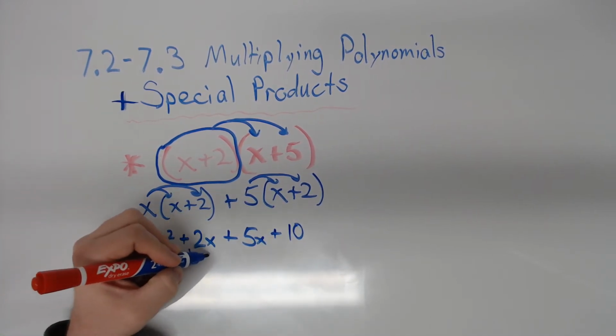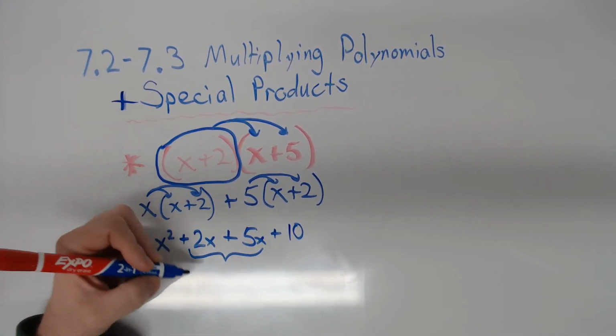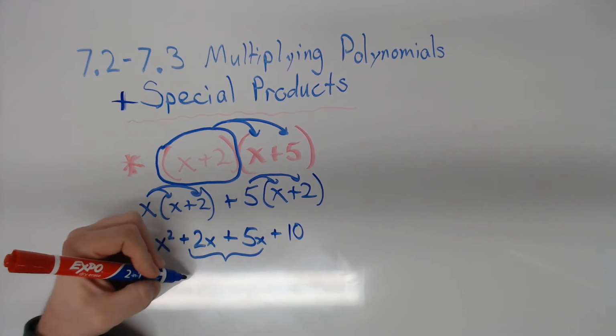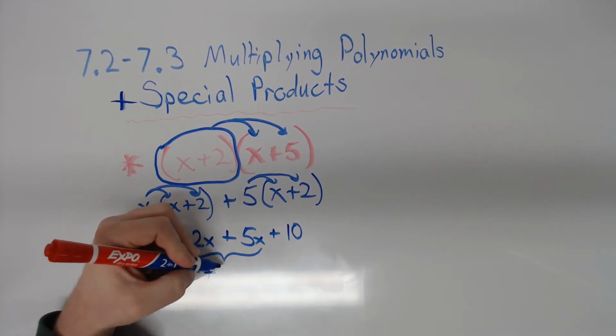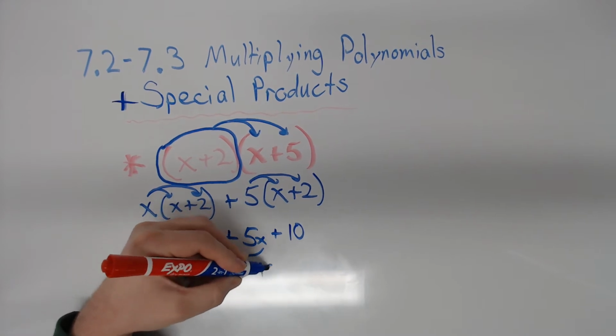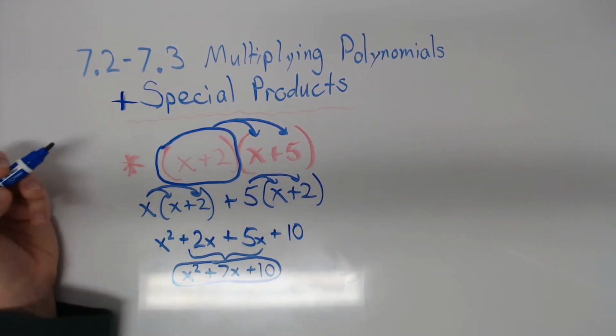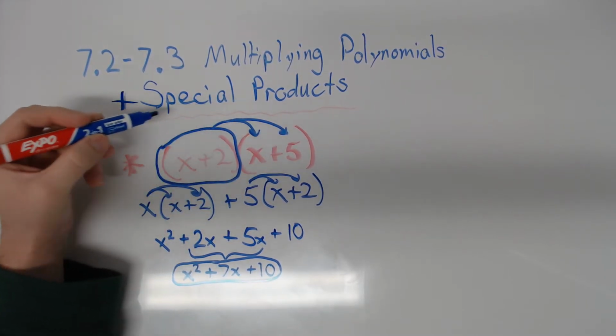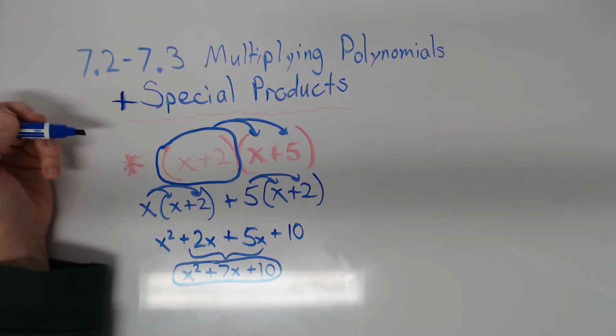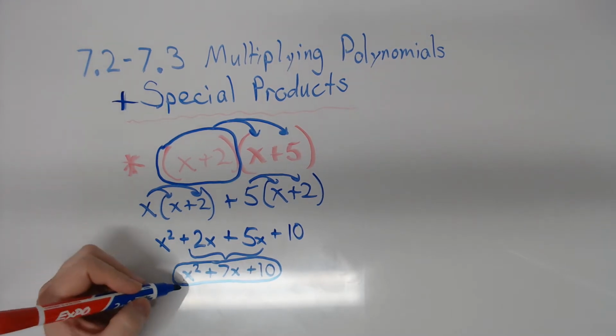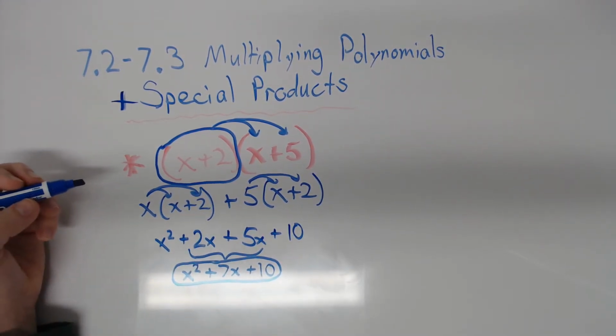And then we would combine like terms when we see an opportunity to. And our answer is going to be x squared plus 7x plus 10. So this up here, where I have two parentheses multiplied together, can come out to one bigger polynomial.